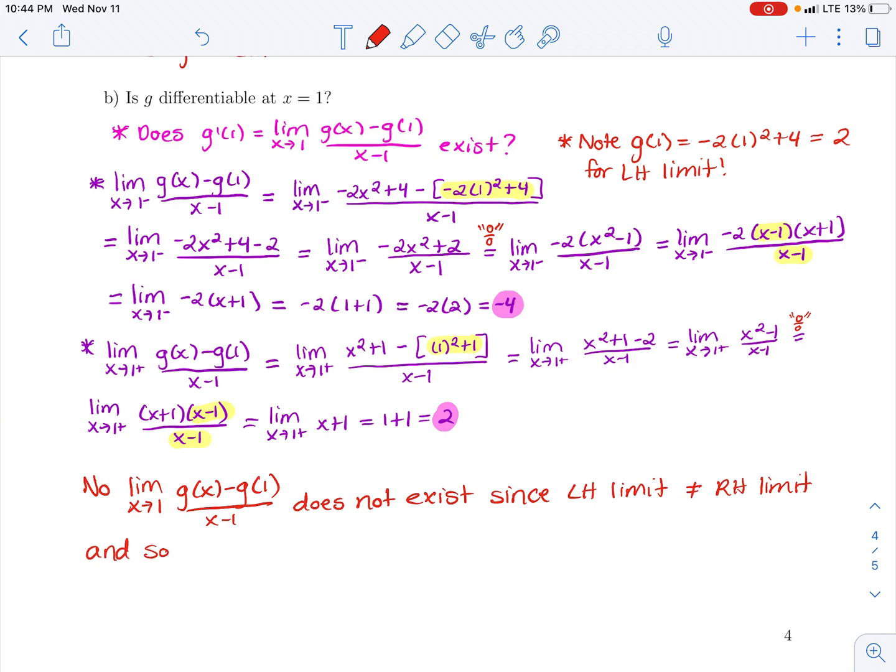And so g prime of 1 does not exist. In other words, g is not differentiable at x equals 1.